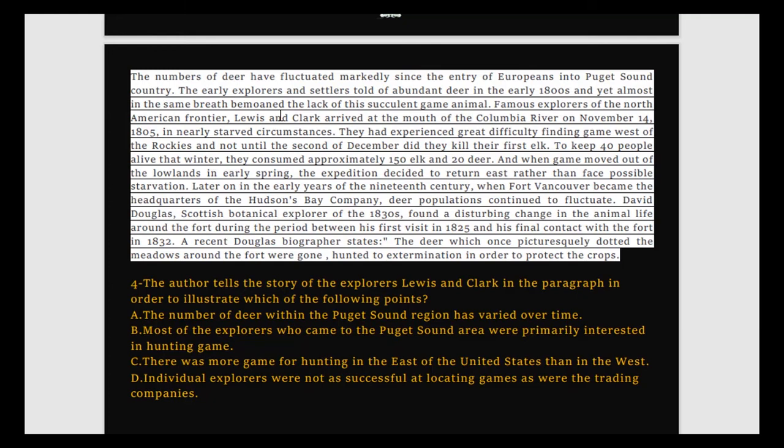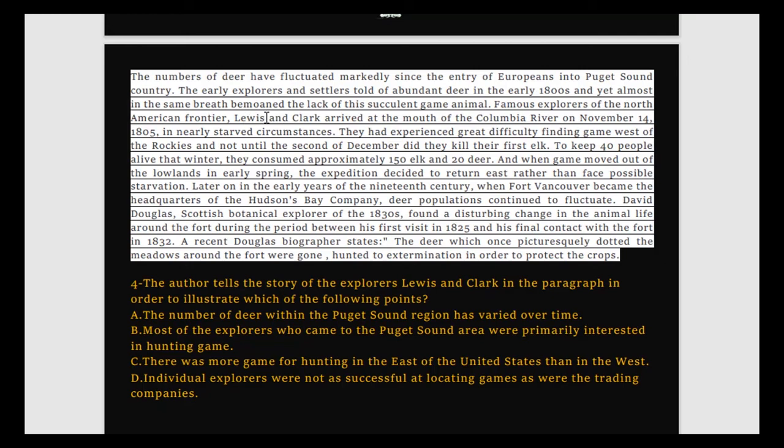The numbers of deer have fluctuated markedly since the entry of Europeans into Puget Sound country. The early explorers and settlers told of abundant deer in the early 1800s, and yet almost in the same breath bemoaned the lack of this succulent game animal.